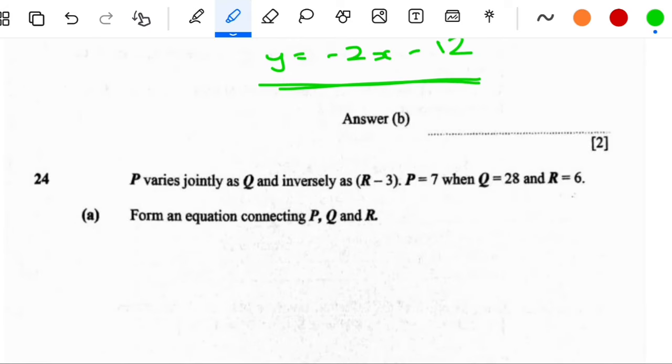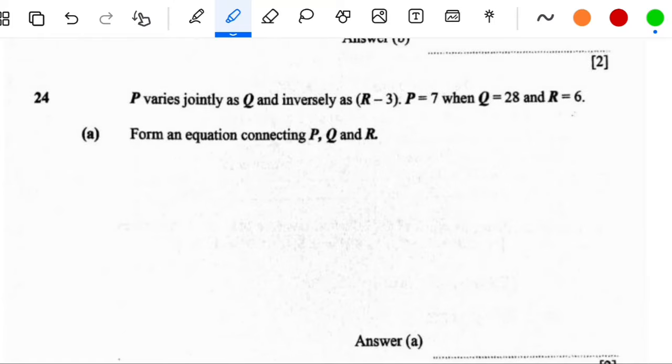Then moving on to number 24, P varies jointly as Q and inversely as R minus 3. P equals 7 when Q is 28 and R equals 6. Form an equation. Okay, so this is the joint variation.